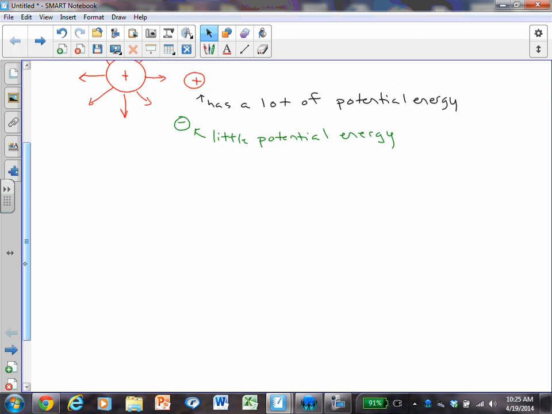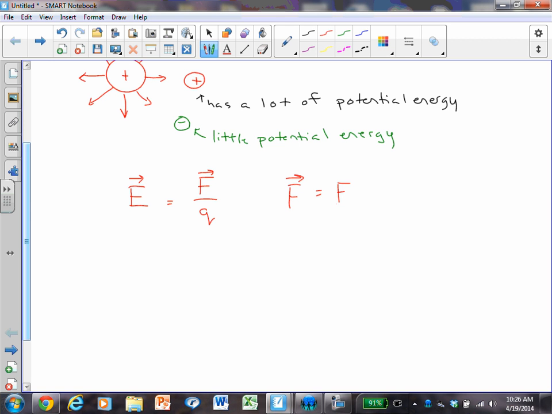We saw in the last unit that the electric field equaled the force over charge. And so that can be rearranged for force equals the electric field times the charge.